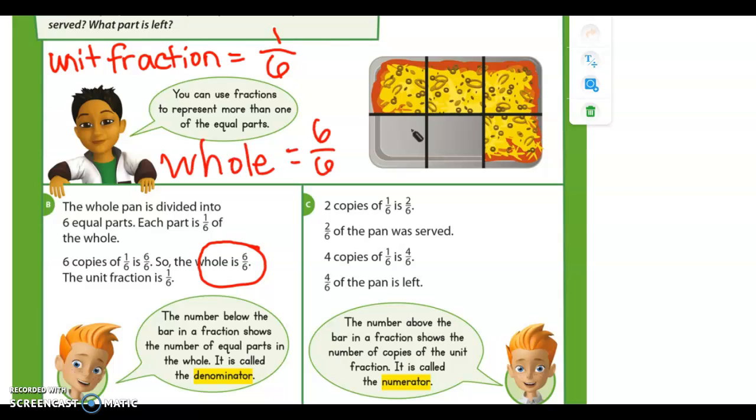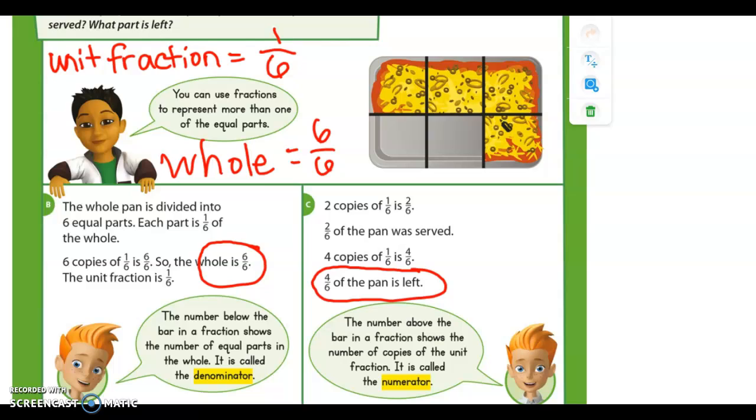The whole is 6/6. Okay, so if I were counting up how many pieces were still left of the enchilada, I could say there's 1/6, 2/6, 3/6, 4/6, because I would do 1/6 4 times. So I have 4/6 of the pan left.